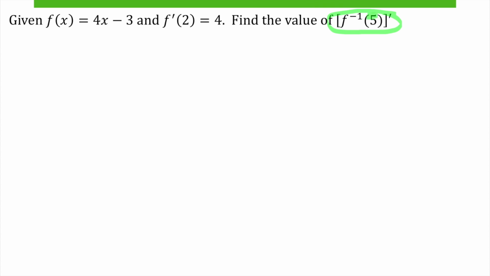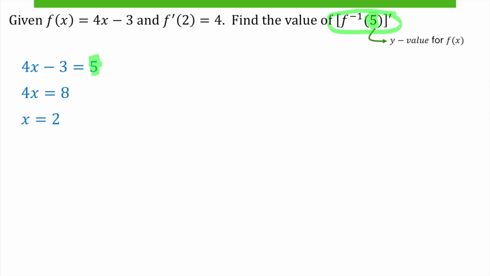Now, if 5 is the x value of our inverse, then that is the y value for the original function. So we're going to start with that. 5 equals 4x minus 3. And with that, I can solve for x to get a point on my function. So 4x equals 8 and x equals 2.